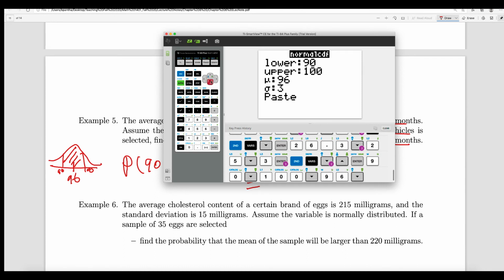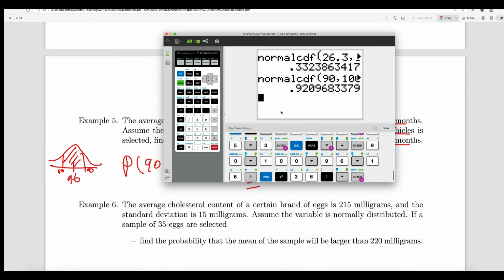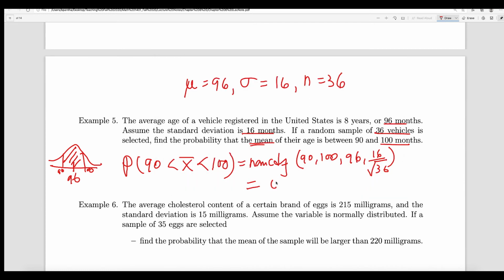And then sigma is sigma over root n, which is 16 divided by the square root of 36. Close the parenthesis, go down and hit enter. This is what you get: 0.92093, you can say 0.921.